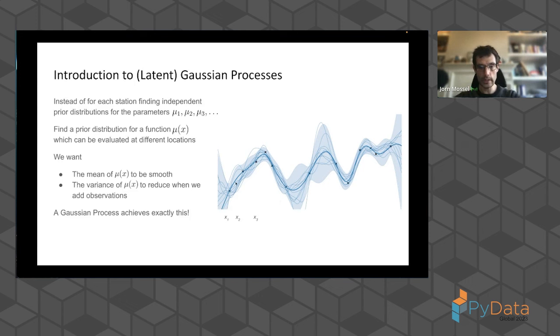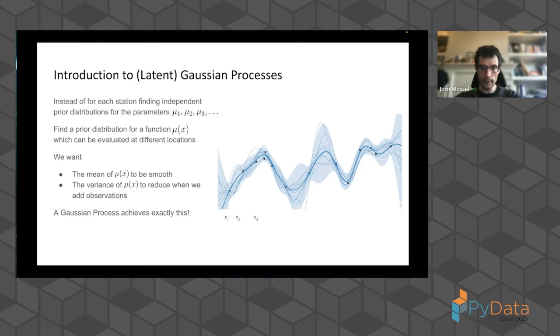What you will see is that the crosses are observations at locations x1, x2, x3, and these lines tend to go through my observations, or at least close to them. But the further away I am from my observations, the less certain I am, and as you can see, it fans out here.